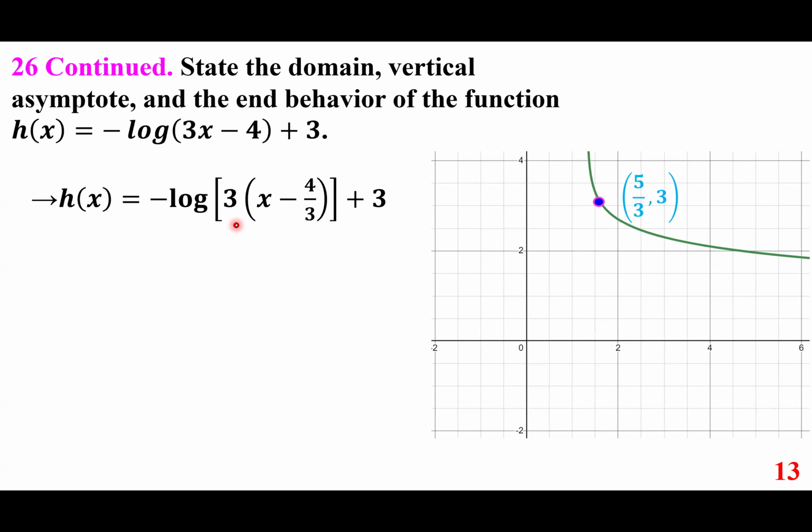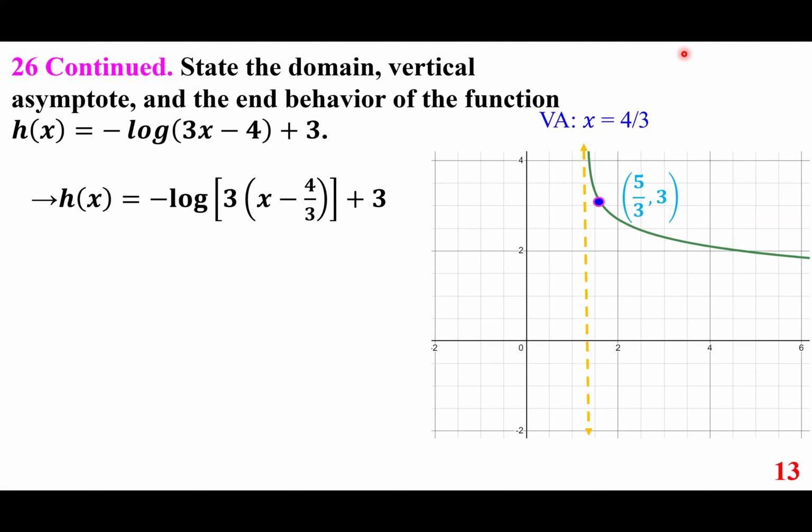This is the original x-intercept that has shifted. This is the vertical asymptote. And to find the vertical asymptote, you can set this one equal to 0 or this one equal to 0. You can see x equals 4/3. So what happens is that the domain is from 4/3 to infinity.